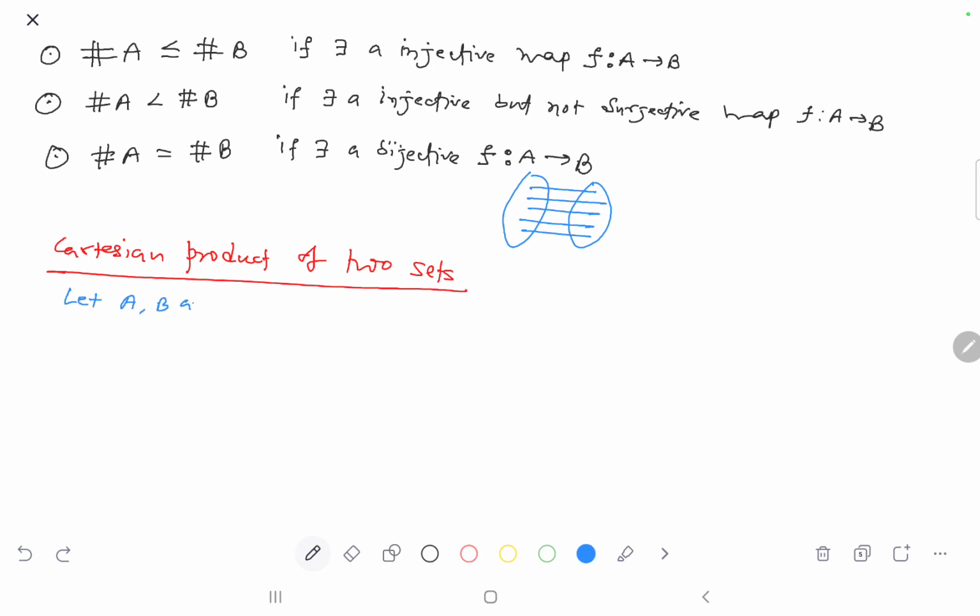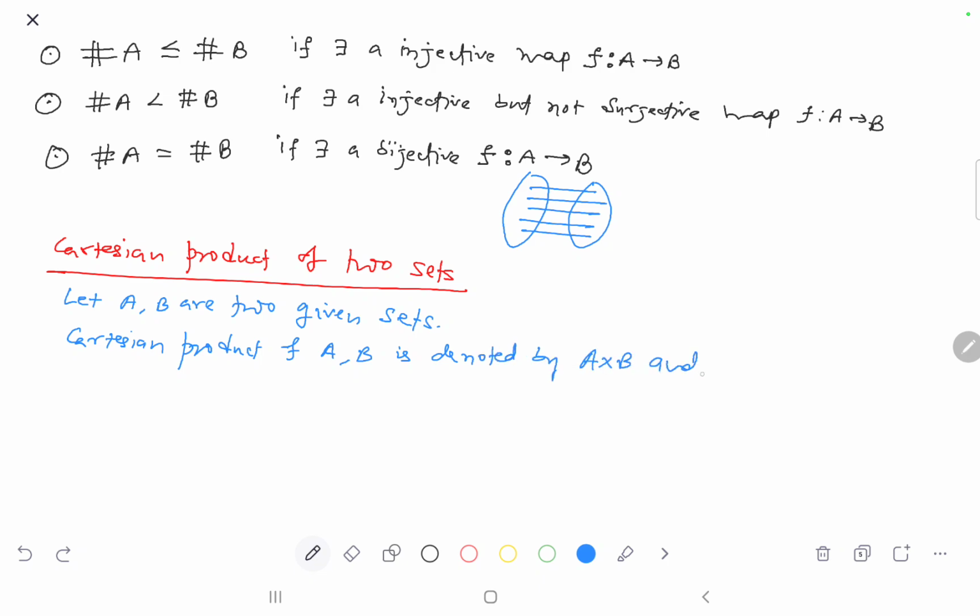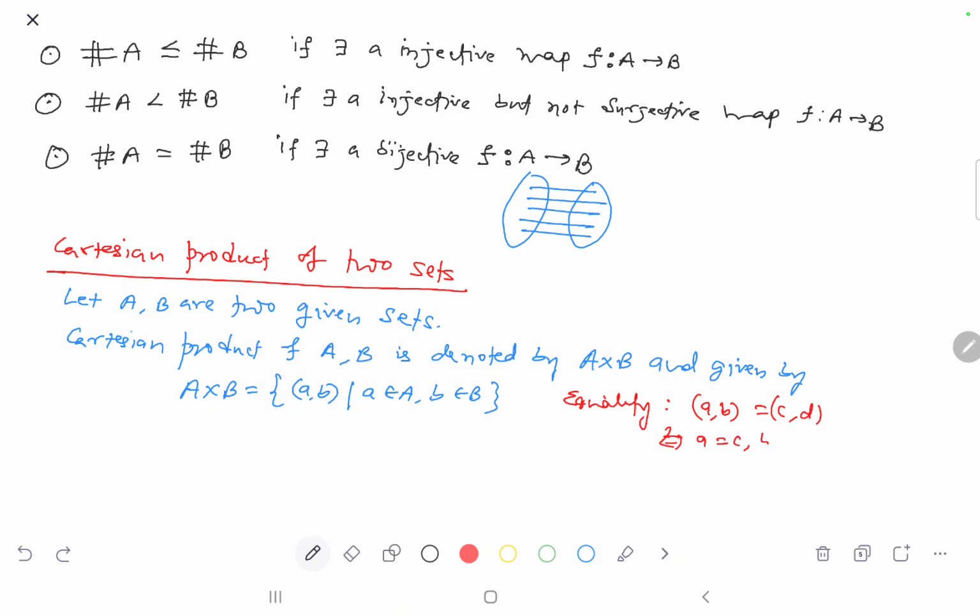Let A, B be two given sets. The Cartesian product of A and B is denoted by A cross B and given by A cross B equals the ordered pairs (a, b) such that a is from A and b is from B. Now, when are two elements equal? The ordered pair (a, b) equals (c, d) if and only if a equals c and b equals d.